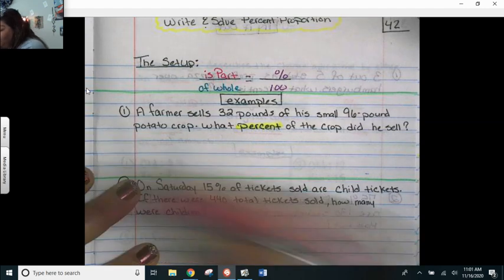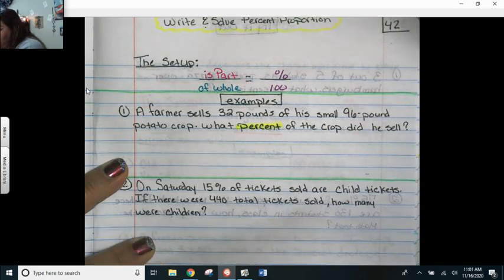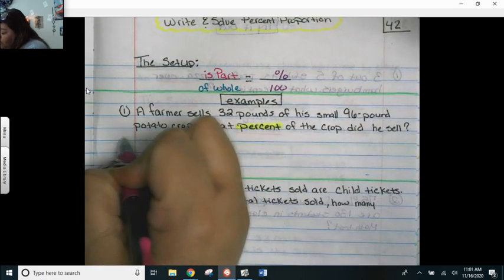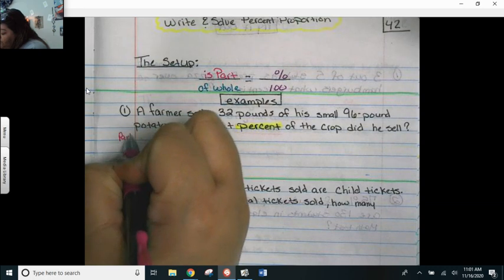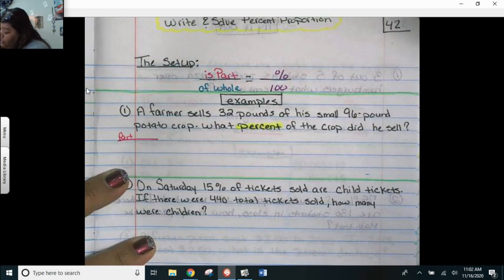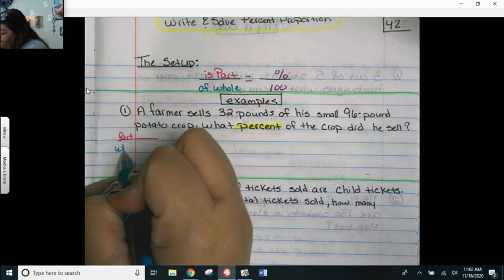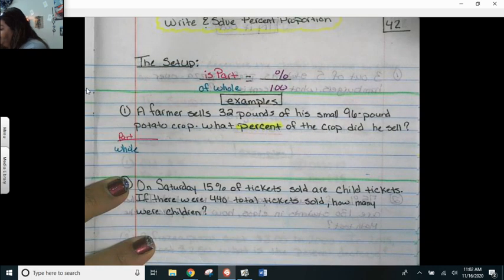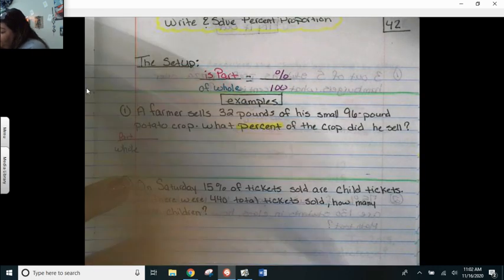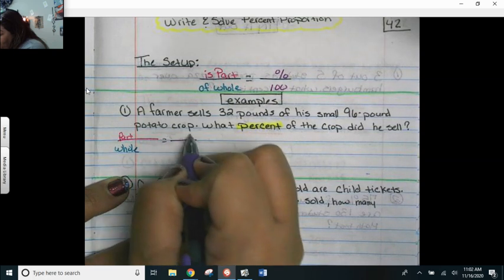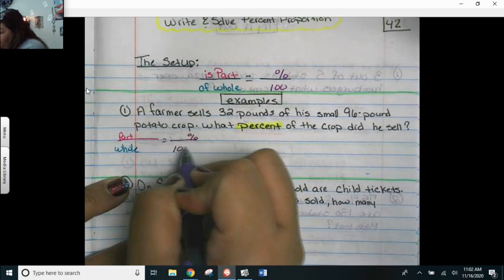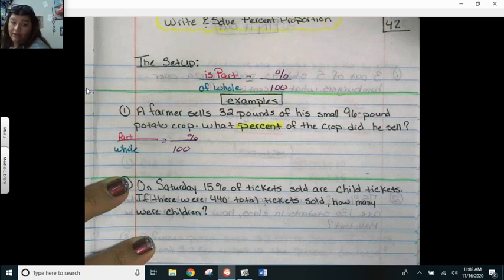Since this is a word problem, I'm just going to put part to whole, and that's going to equal our percent over 100, just like the other day, but now we just have a word problem.